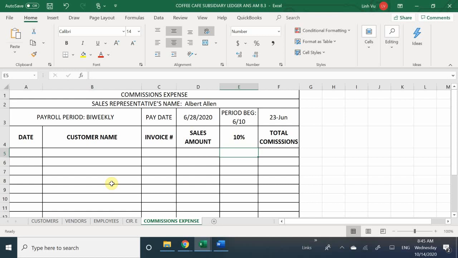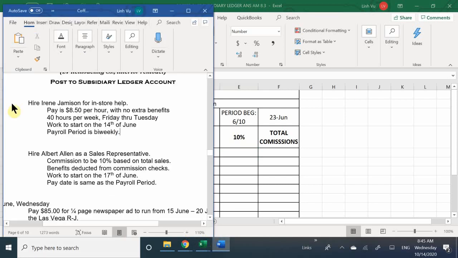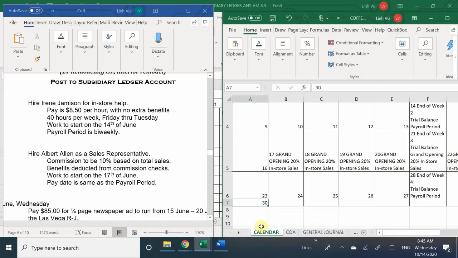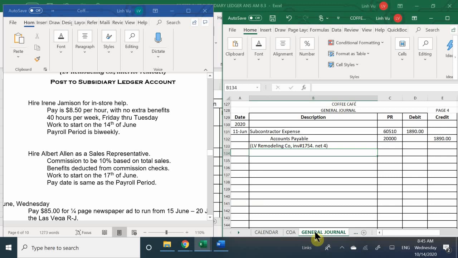He's going to be in charge of any sales that are outside the store, anything that has to do with our customers beyond our doors, whereas Irene is going to be the person that takes care of the cash register in-store. So that's exactly what our employees are going to be looking like. And we're done with filling out that paperwork for Mr. Albert.